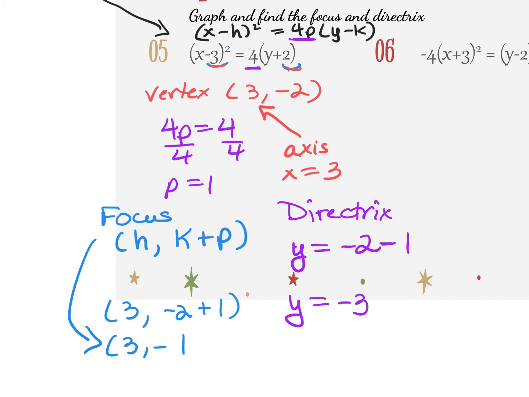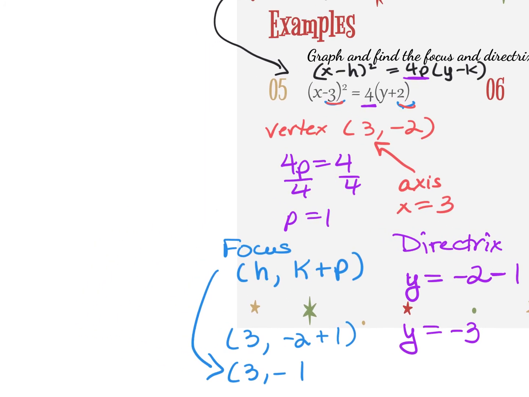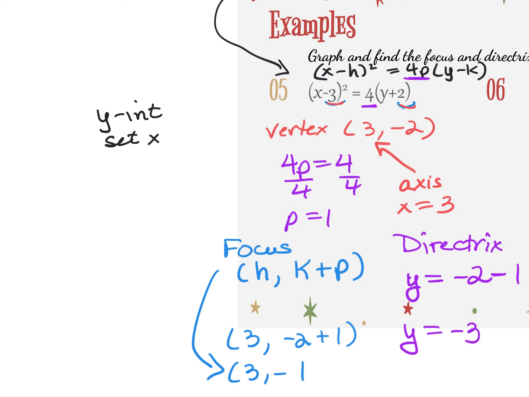Now, when your vertex is not at the origin, if it's an x squared, we're going to find the y-intercept. And remember, to find a y-intercept, I set x equal to 0. So I'm going to take my original equation, (0 minus 3) squared equals 4 times (y plus 2).